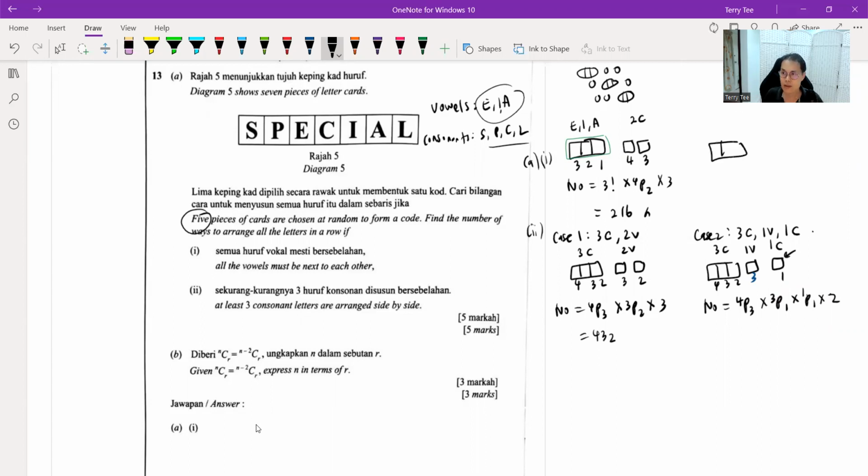Because I want the 3 consonants here, 1 vowel here, 1 consonant. This is one way. I can also have 1 consonant, 1 vowel, and 3 consonants together. I cannot mix them up. I cannot put the 3 consonants in the middle, and 1 consonant here and 1 vowel there. Why? If I do that, then I'll have 4 consonants together, which we're going to do for the next case. So since I'm using case number 2, I just times 2.